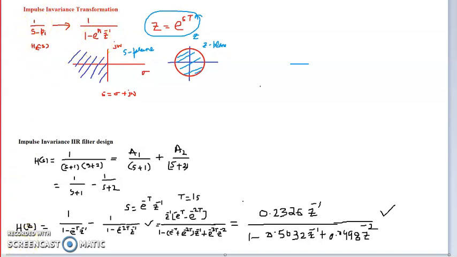Okay, suppose we have an H(z) and we want to implement it. That means we have designed H(z), but how to implement it? So we have to learn it from the S domain. What did we do in the S domain?